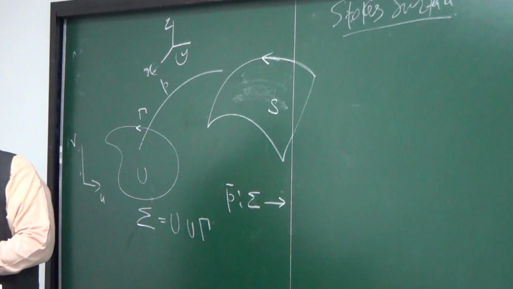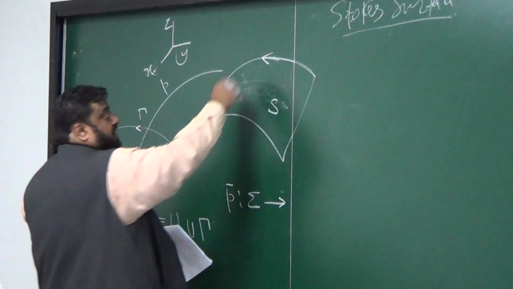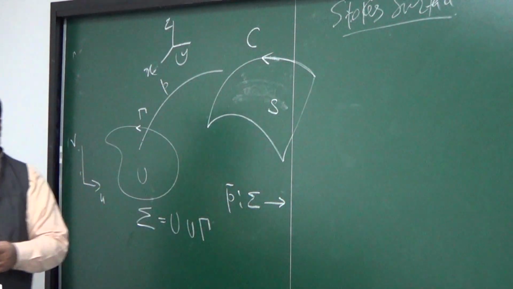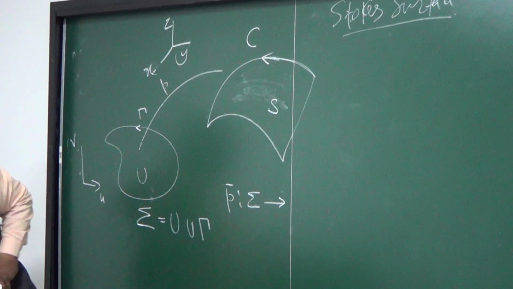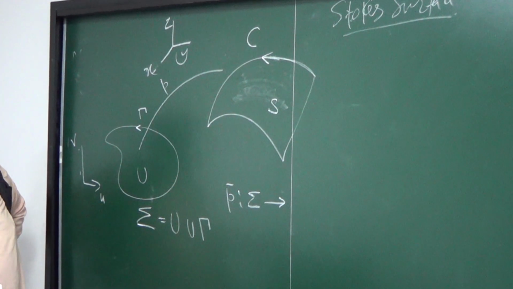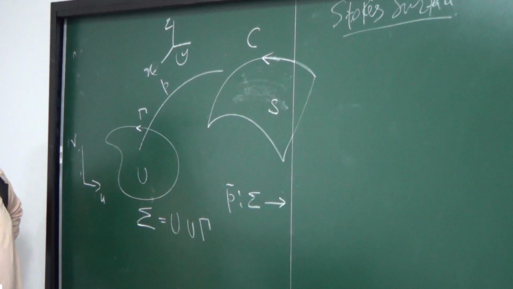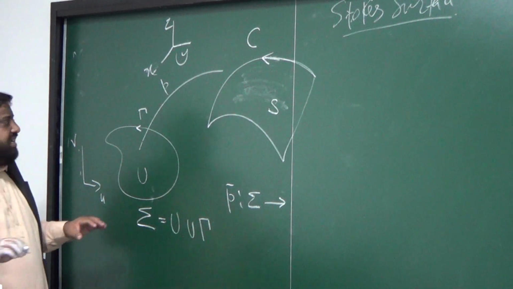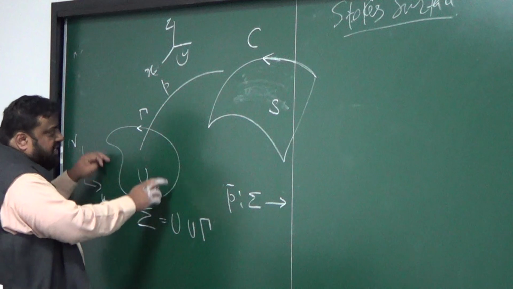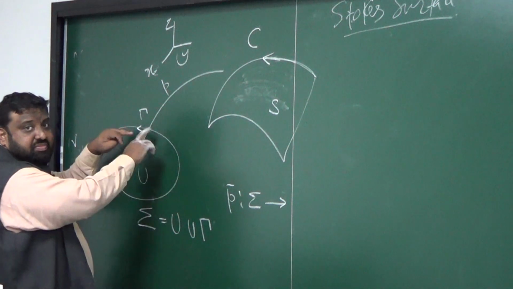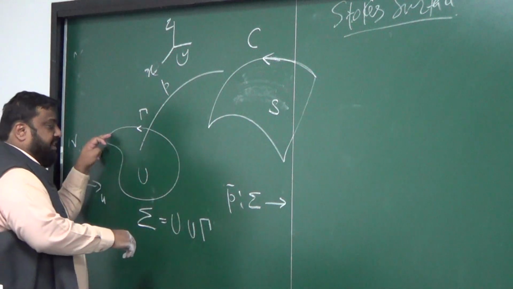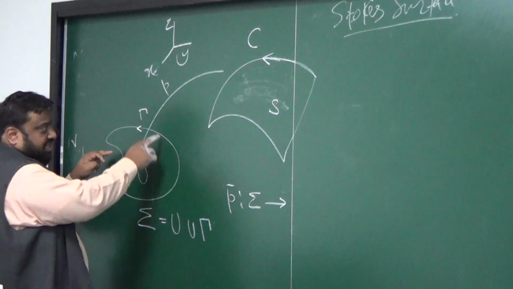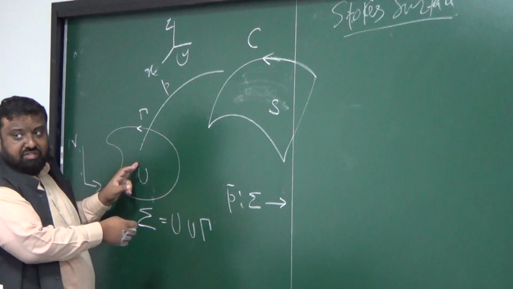Let's call this boundary a curve C. Now, currently you may assume that both pictures are boundaryless, because P is not defined on sigma, P is not defined on gamma. P is only defined inside U.